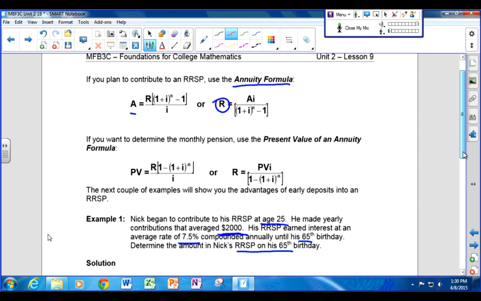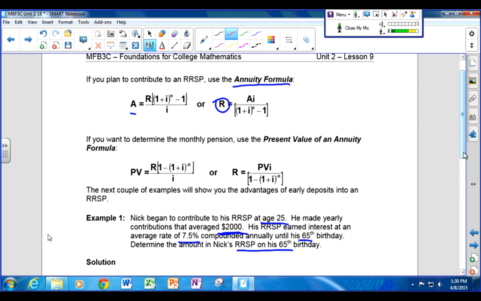Now, the other way when we talked about the annuity formula is if you want to find out how much you want your pension to be worth. Let's say you get your first job and you say, I want to be a millionaire by the time I'm 65. Now you have some of the numbers that you're going to need. There's your $1 million, that's how much this is going to be worth.